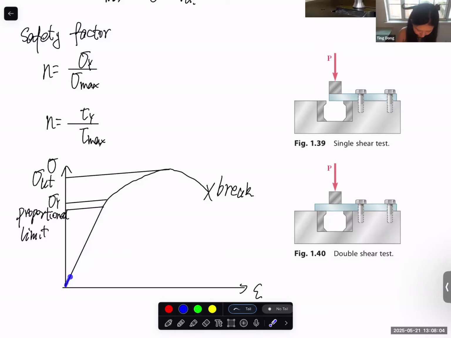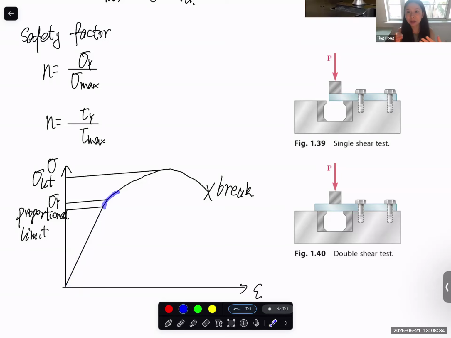Basically it means that you apply force, it will have deformation, and when the force goes back to zero, deformation goes back to zero. This is the plastic deformation. Once your plastic deformation starts, you apply force, the stress increases, and when you unload the structure, the force goes back to zero, but the deformation does not go back to zero. So the plastic deformation will stay.